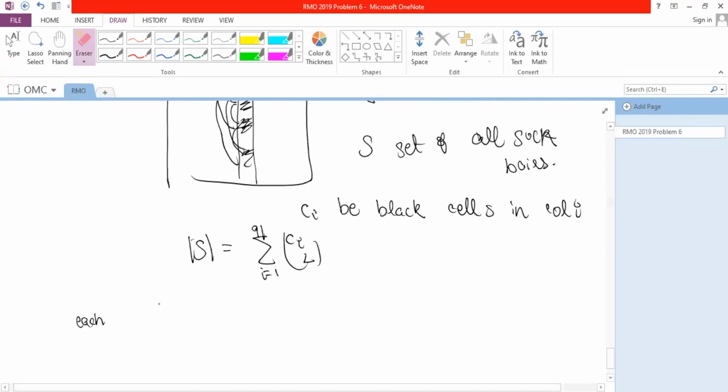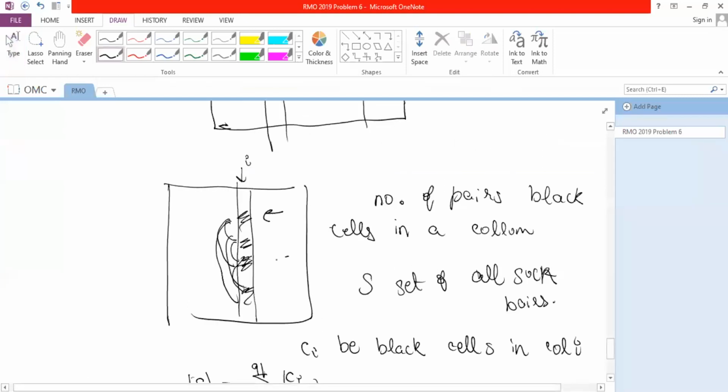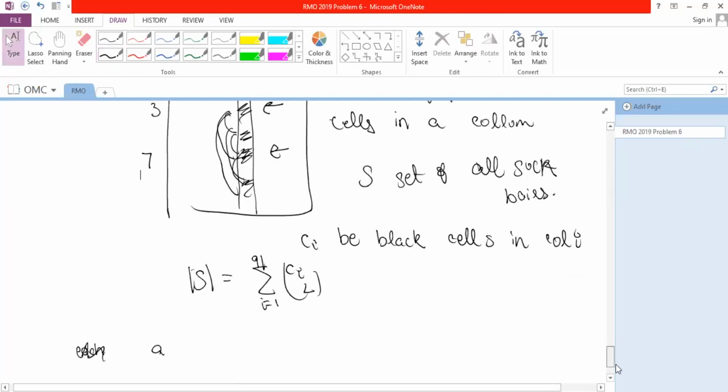So say we have an element in S, 2 black cells, for example these 2 black cells. Now these belong to 2 different rows, right? Like these 2 black cells say belong to the 3rd row and the 7th. So each pair of black cells, that is each element in S, belongs to 2 different rows. And we have exactly 91 choose 2 pairs of rows.